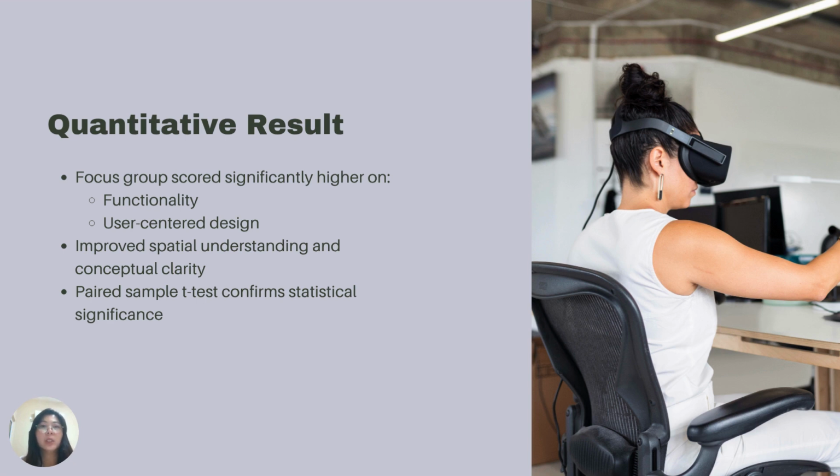They solved problems based on their targeted users, and these improvements were statistically significant, indicating that students who work in VR environments have a better understanding of product usability and spatial context. In short, they were able to design better because they could experience their concept in a more realistic way. In the quantitative results, the paired-sample t-test confirms that the difference is statistically significant.